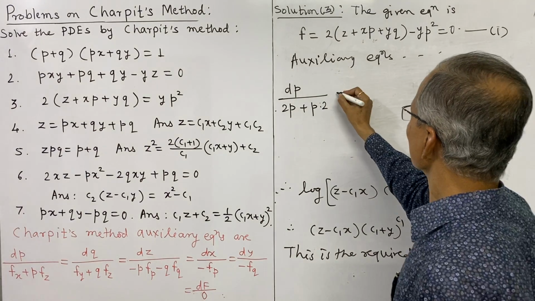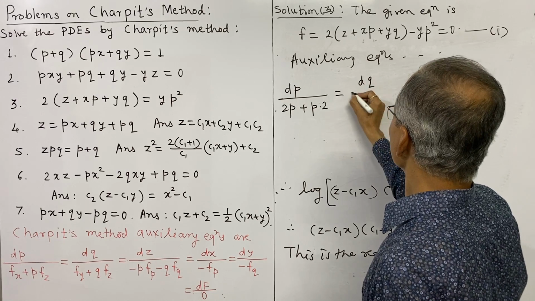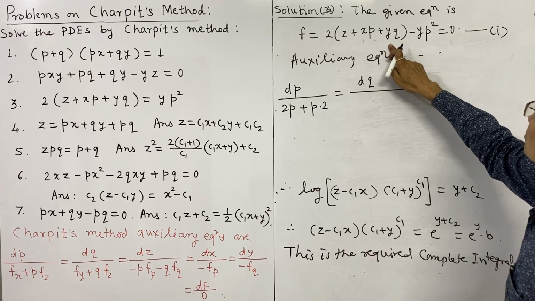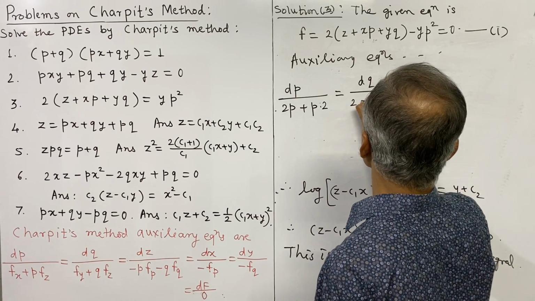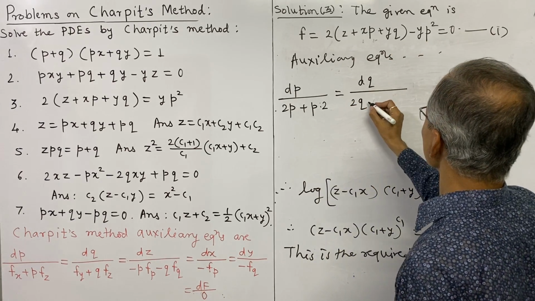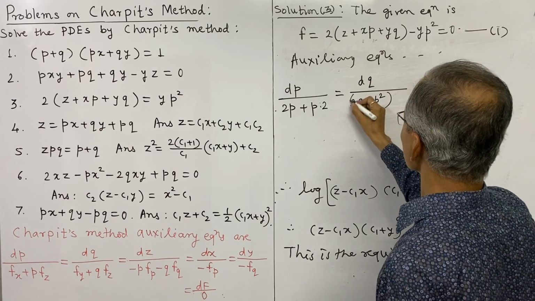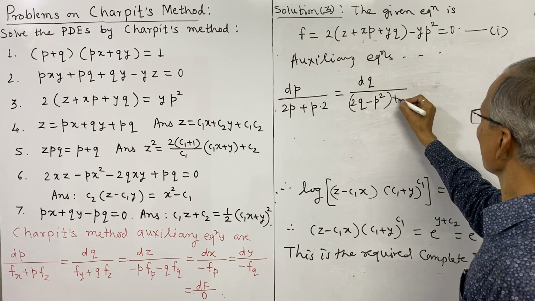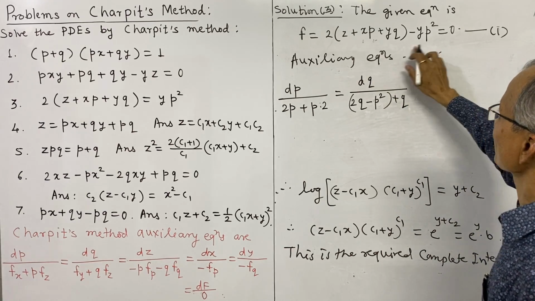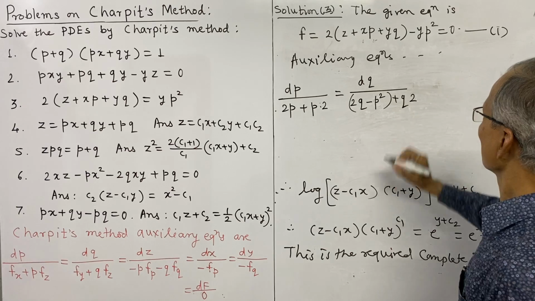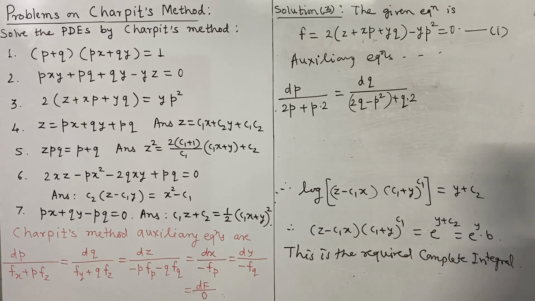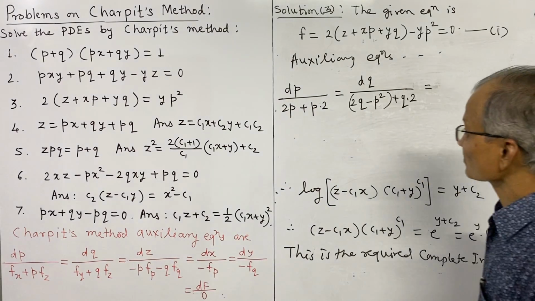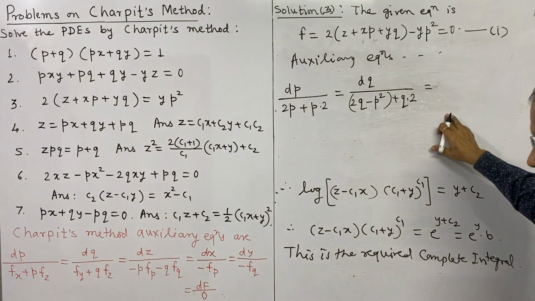And this is dq divided by partial derivative of f with respect to y, that is 2q, and y it is minus p square. This is partial derivative of f with respect to y plus q, partial derivative of f with respect to z, and that is 2. So 2q, and this is dq. Next is dz.